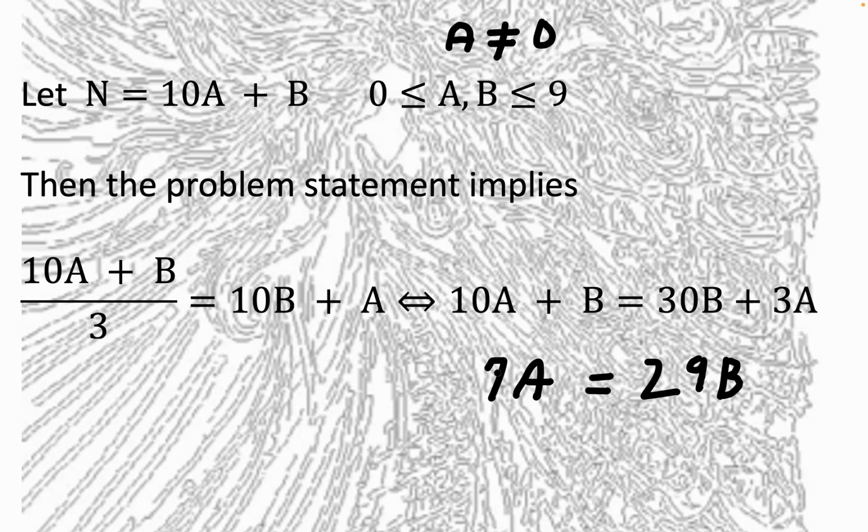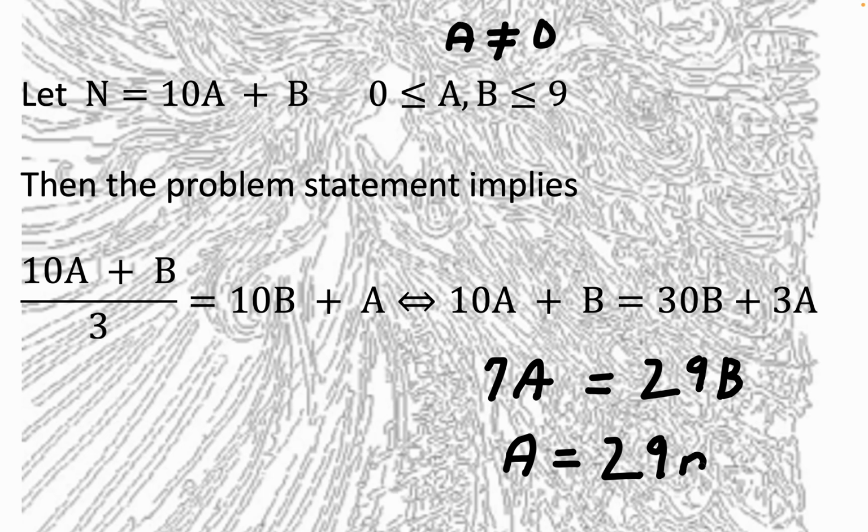They're not only prime numbers, but they're relatively prime. And so that would imply that a would have to be some multiple of 29, and we'll say 29m.